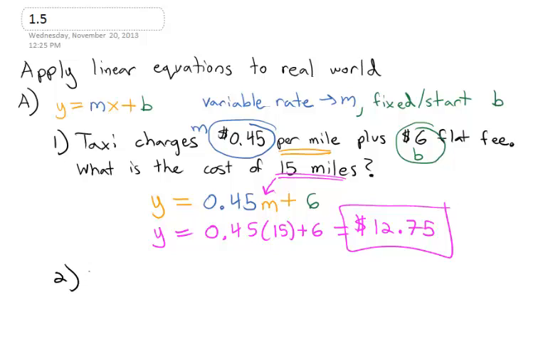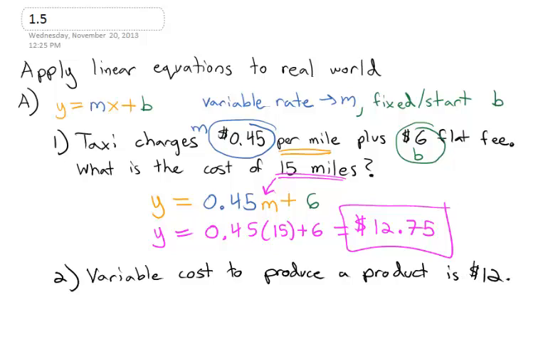How about we look at the variable cost to produce a product is $12. We have a $12 variable cost. What that means is every product we produce is going to cost us $12.